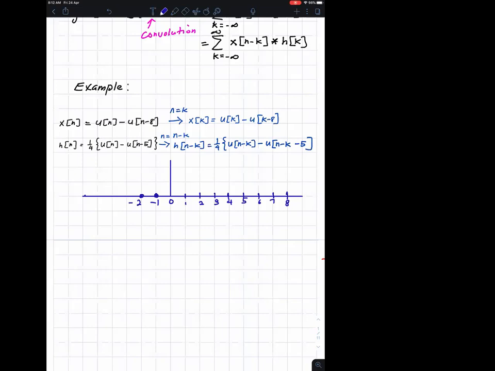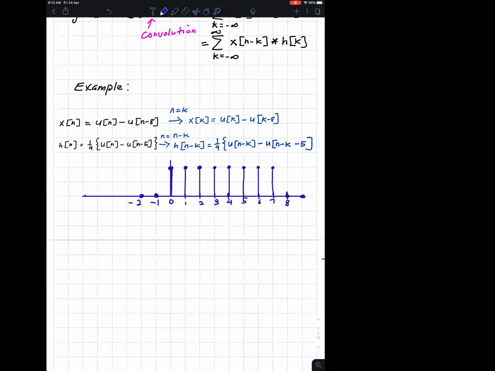The x[k] signal starts at k equal to 0. After that it's going to be just 0.